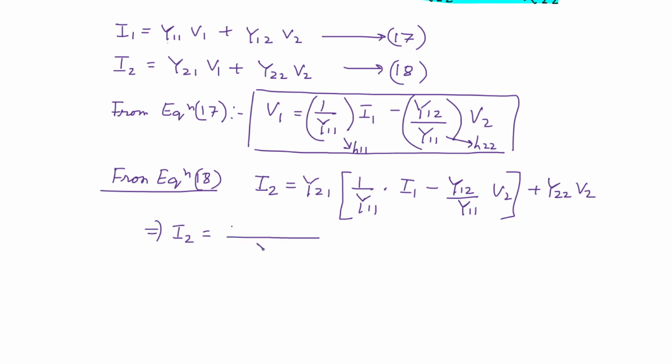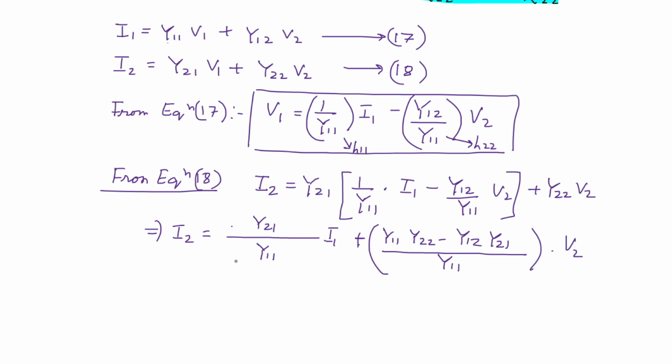in the denominator we have Y11, Y11 by Y21 into I1 minus Y11 Y22 minus Y12 Y21 divided by Y11 into V2.